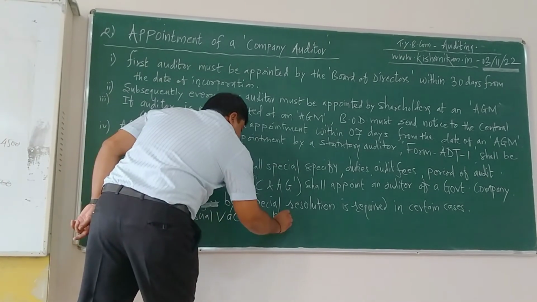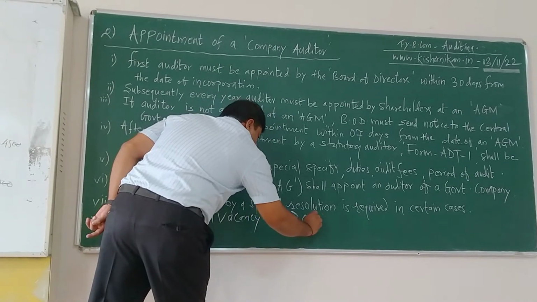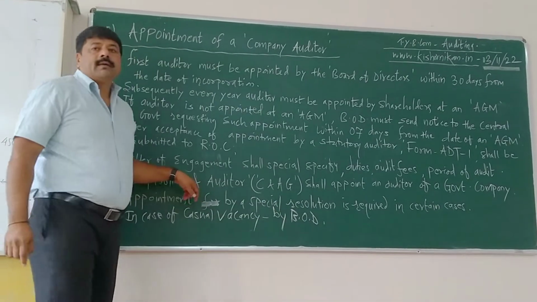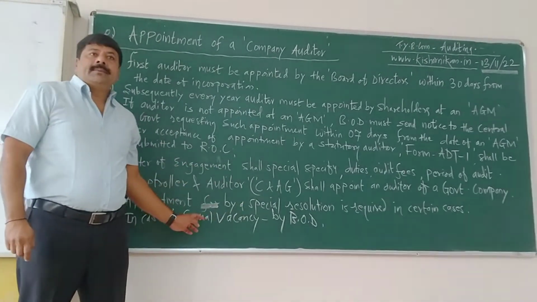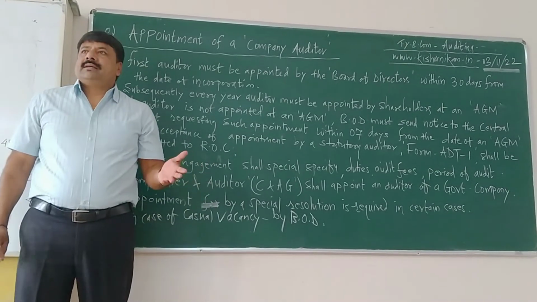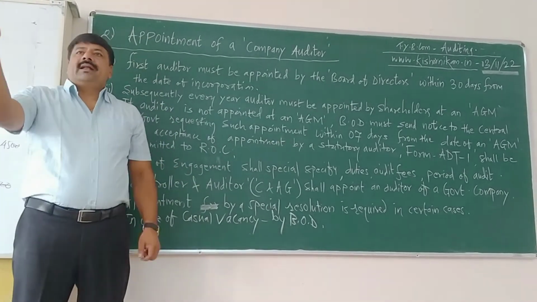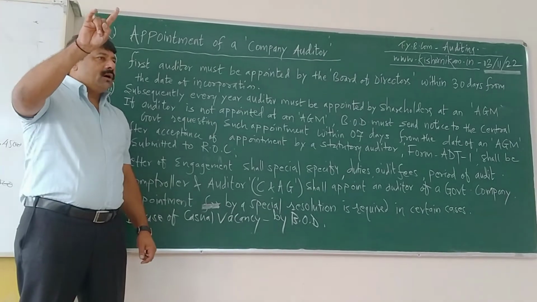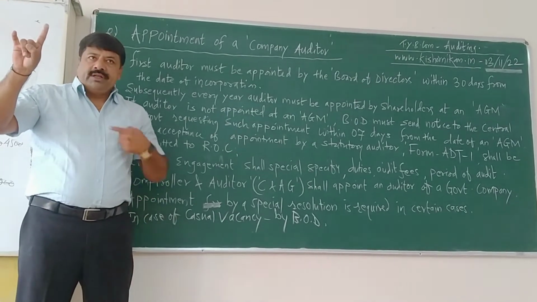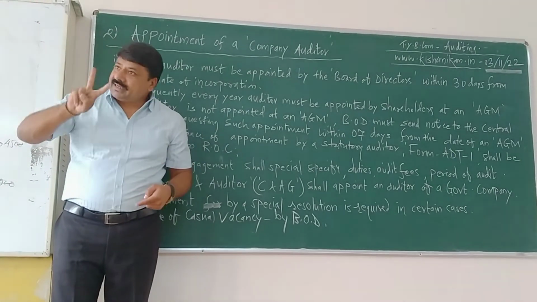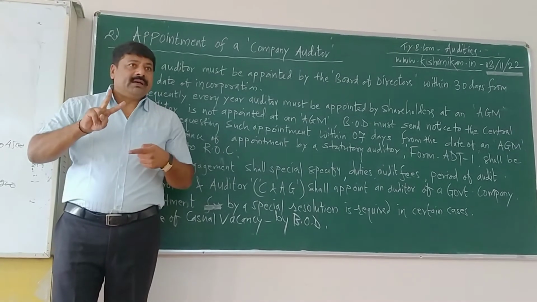Now what is a casual vacancy? The vacancy created due to death of the statutory auditor within the audit period, or due to resignation during an audit period.